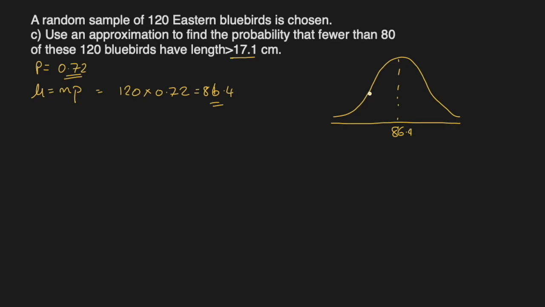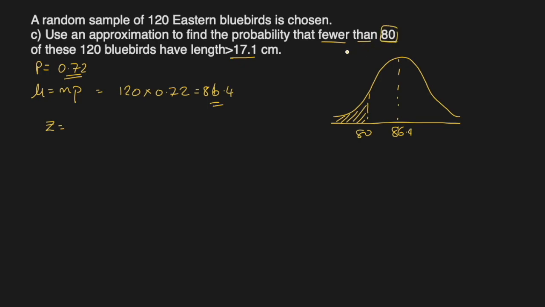We want 80 and fewer than 80. This we want. So again we'll find the Z score. 80 actually not 80, because question is fewer than 80. That means 80 is not part of it.